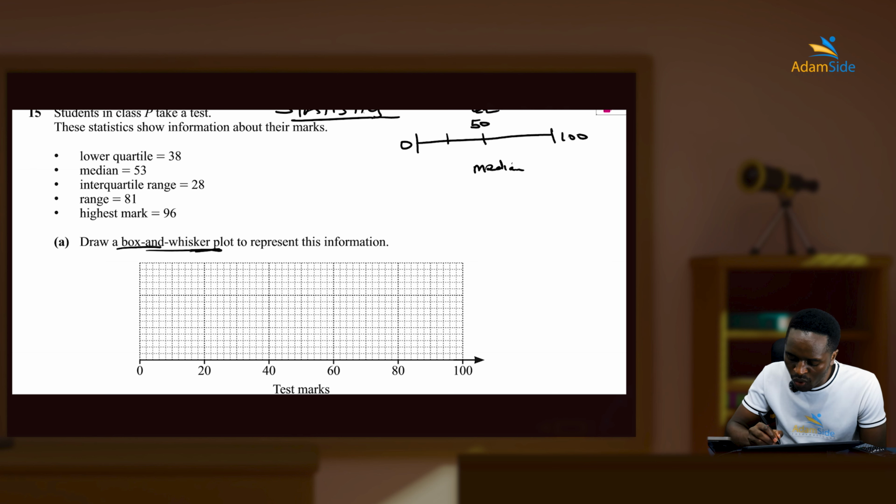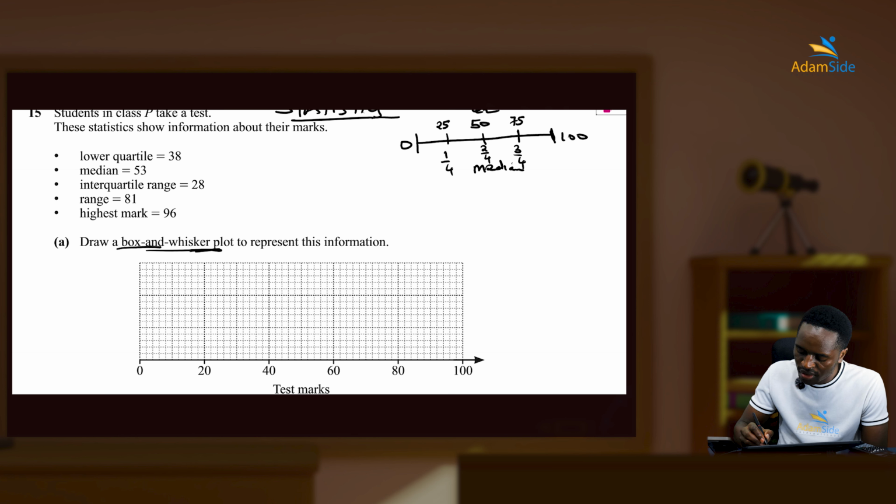The first quarter is at 25, the second quarter is at 50, which is 2 out of 4, and the third quarter is at 75. The first quartile is called the lower quartile, Q2 is the median, and this is the upper quartile in any distribution.